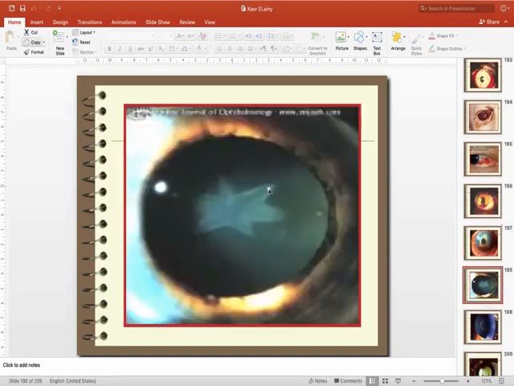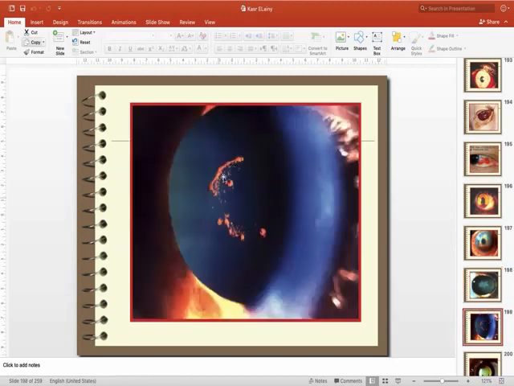Again, the effect of trauma on the lens, cataract, and characteristic shape, which is rosette-shaped cataract, and the Vossius ring, this impression of the physiological or the narrow pupil over the anterior capsule, which is the Vossius ring. So what is the importance of this Vossius ring?